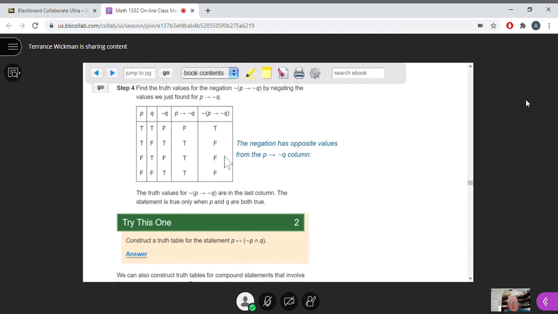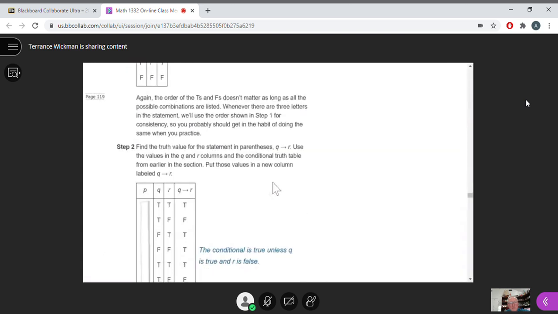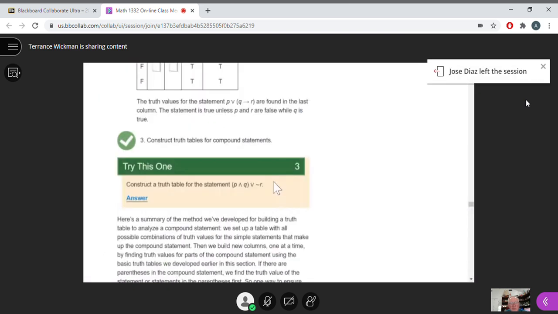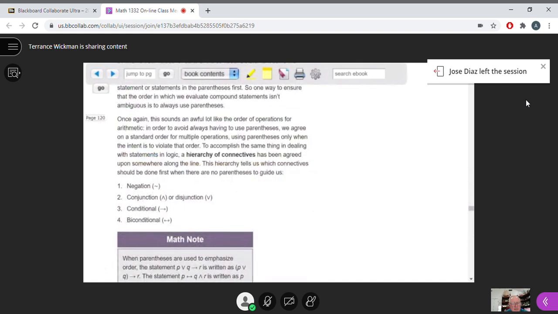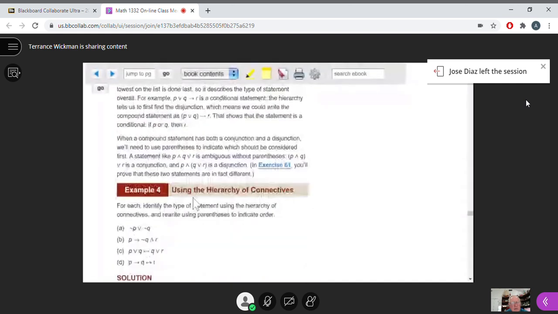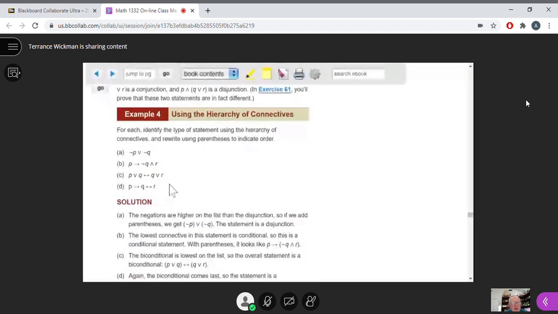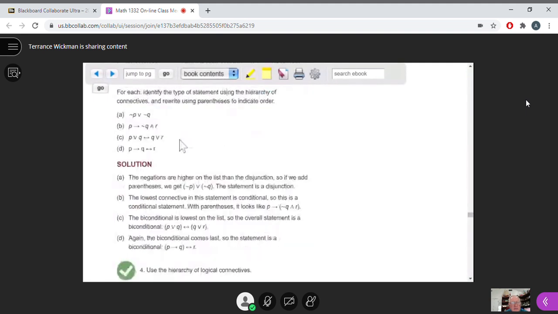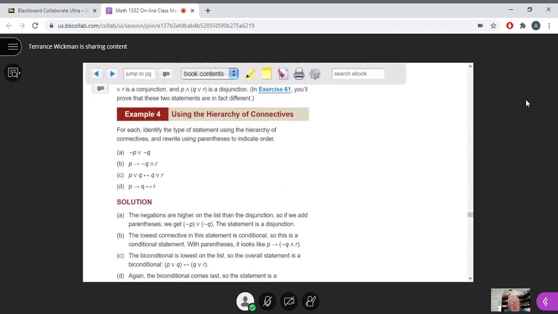Anyway, let's go to the next one. We're going to do the biconditional here, I think, next. Okay, for each, this is an example. For each, identify the type of statement using the hierarchy of connectors and rewrite it.